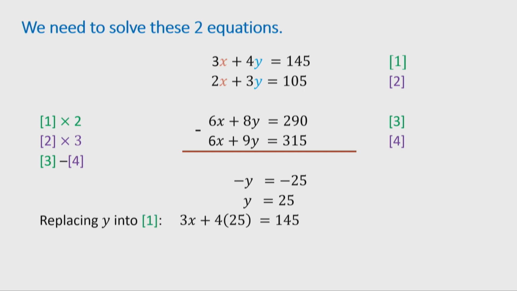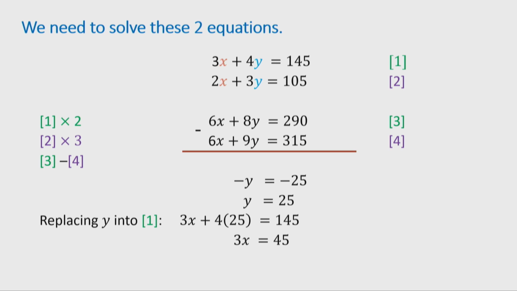Now I need to find the value of x. So I replace the value of y into equation 1. 3x plus 4y, I replace y by 25, equal to 145. Which will give me 3x equal to 145 minus 100, which is 45.